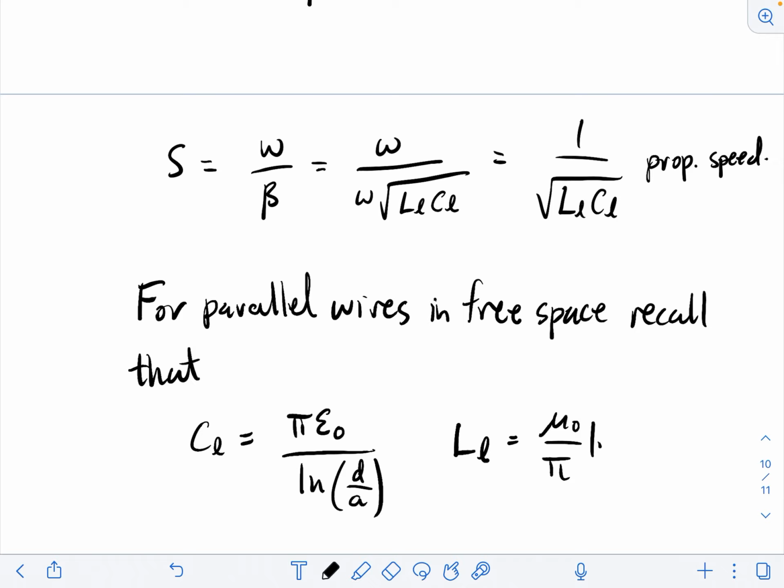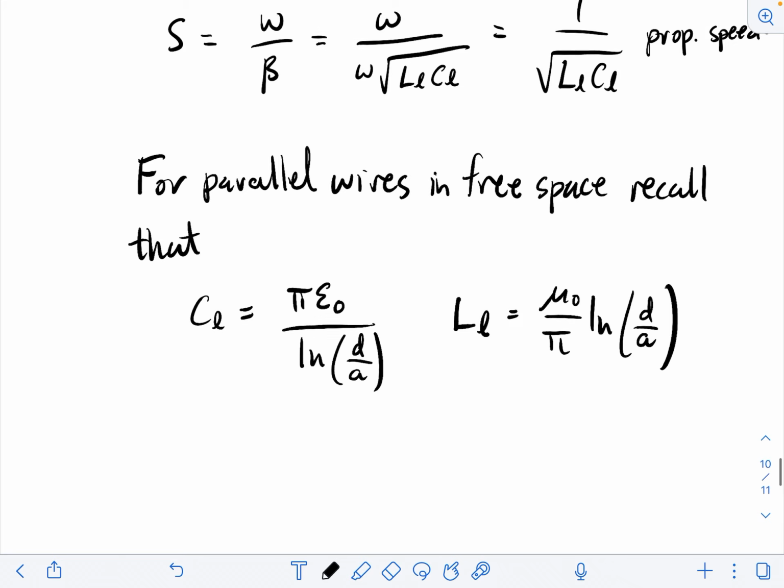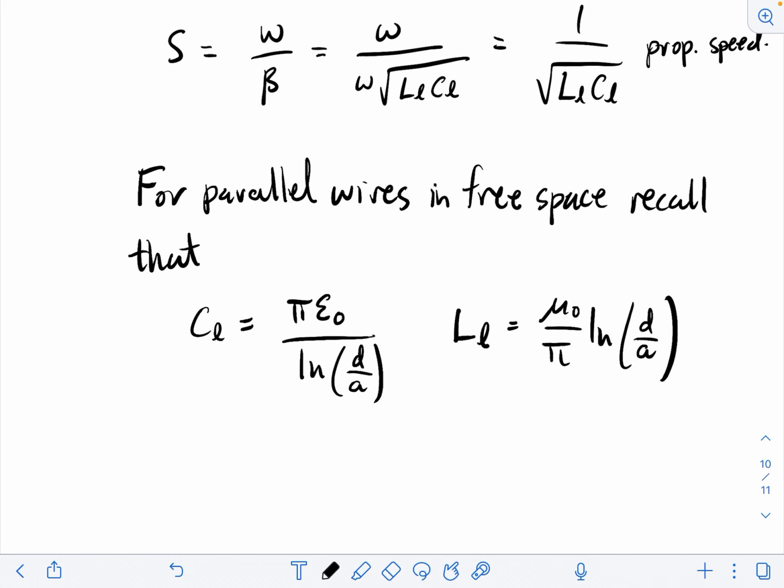So our propagation speed involves the product of these two things, the inductance per unit length times the capacitance per unit length. The ln factors cancel out.